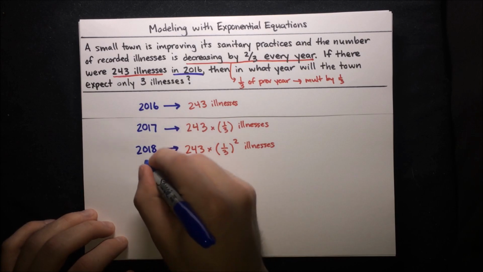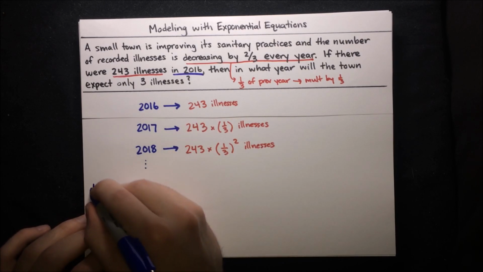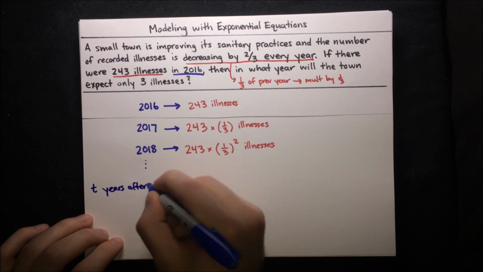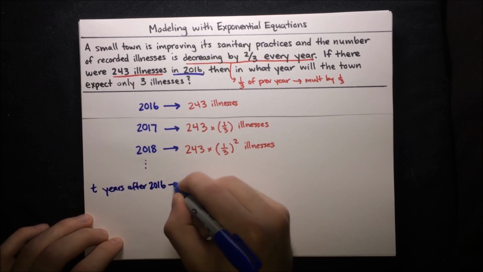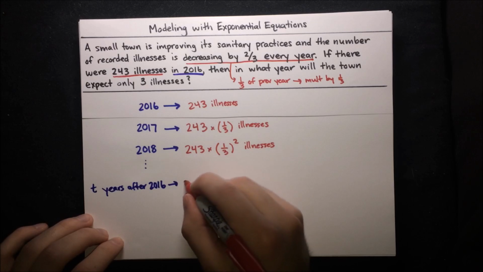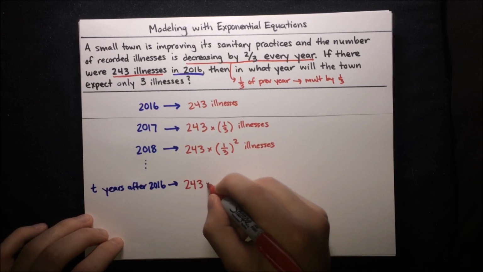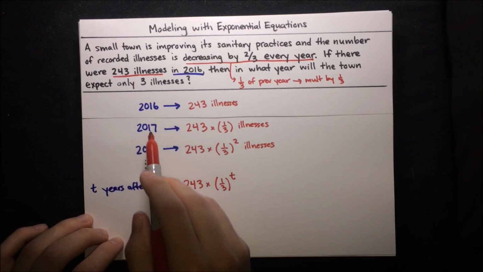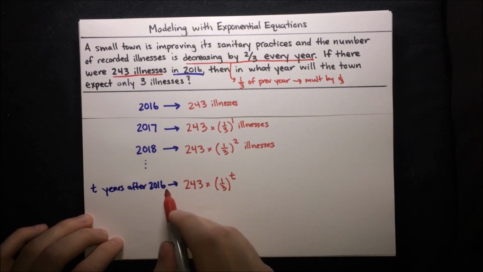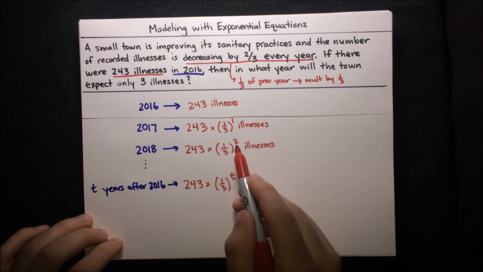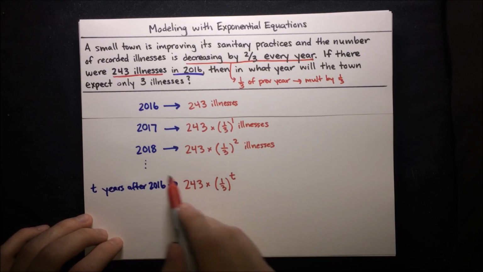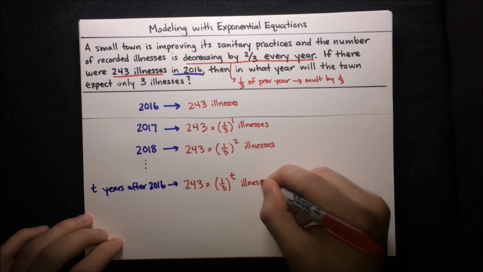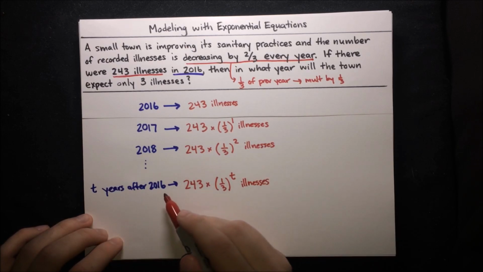So the general trend is really that T years after 2016, the amount of illnesses is 243 times 1/3 to the T. 2017 is 1 year after 2016, 2018 is 2 years after 2016. So this is our general formula that tells us how many illnesses T years after 2016.